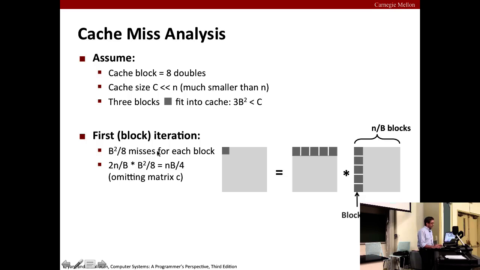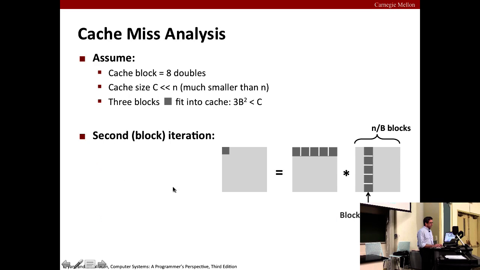And since there's n over b blocks in each matrix, and there's 2 matrices, there's 2n over b times b squared over 8 misses for this first iteration. So that works out to be nb divided by 4.